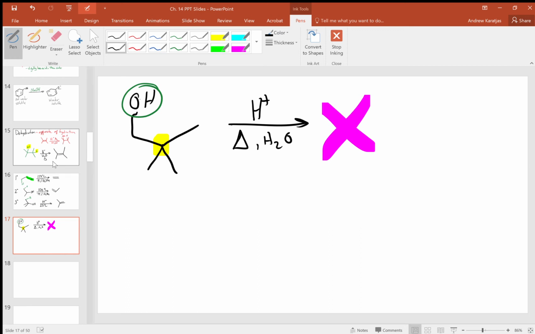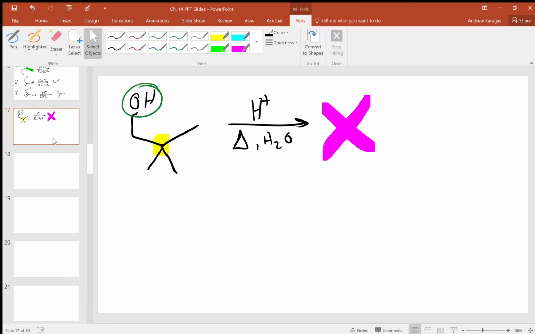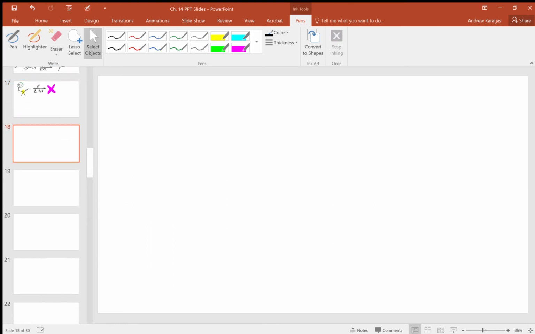Now, for some alcohols, when we try to eliminate them, there's more than one possible product. And our alcohol doesn't have to be very complicated for that to happen. So here's 2-butanol.